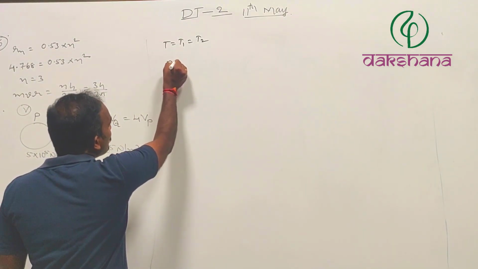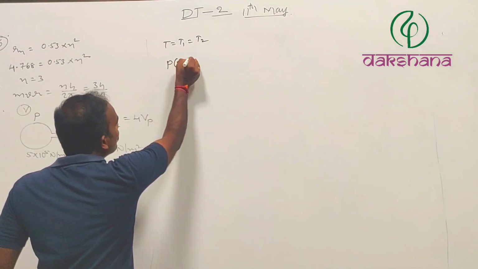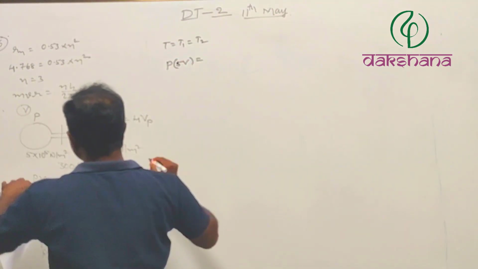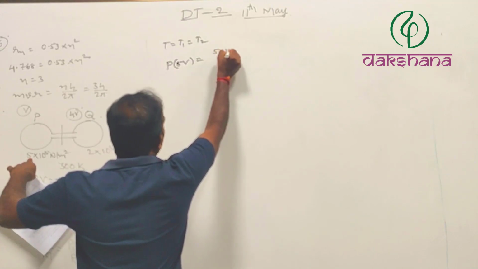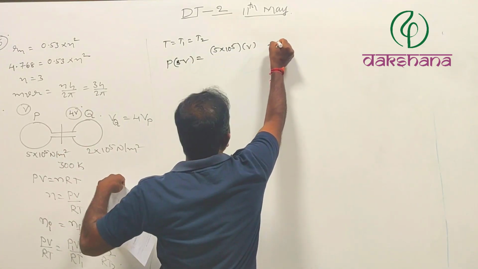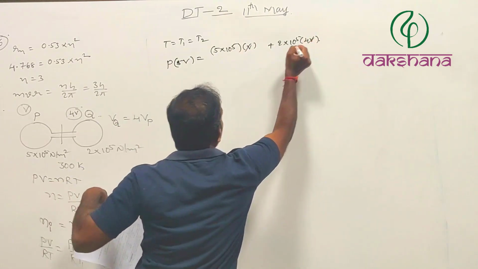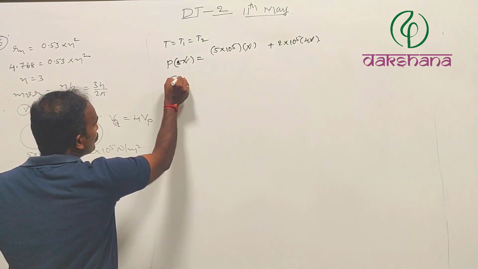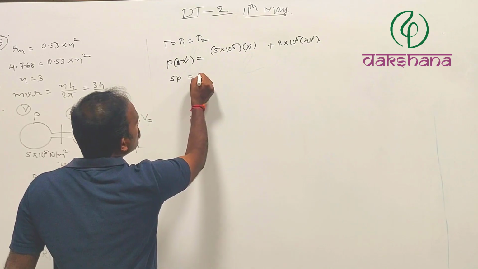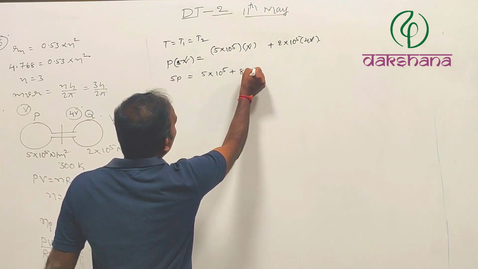Now it is going to be P into, one is V, another is 4V, therefore this is 5V. That is equal to the initial pressure given here, 5 into 10 power 5 into V plus 2 into 10 power 5 into 4V. V cancels on both sides, such that 5P is equal to 5 into 10 power 5 plus 8 into 10 power 5.